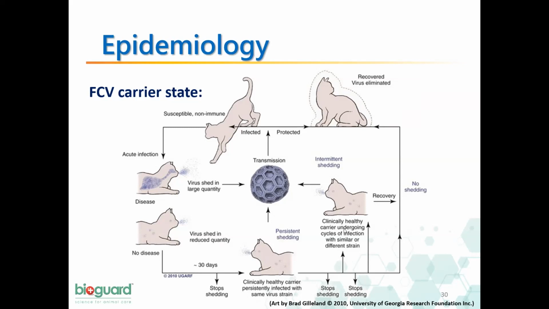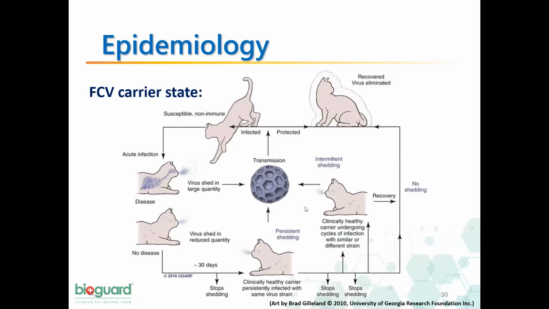With this new strain, the clinically healthy carrier can undergo cycles of infection with other strains present around the cat. The infection can be with a similar strain or a different strain, and in the same way the cat will shed the virus.